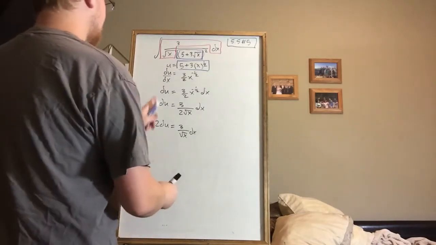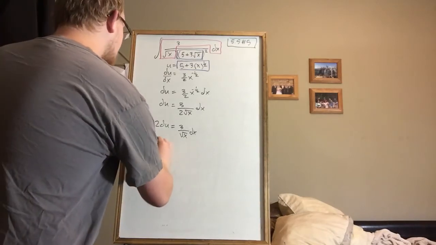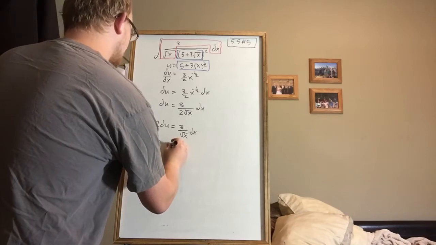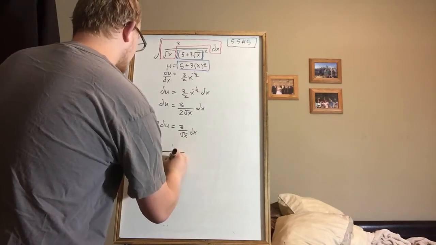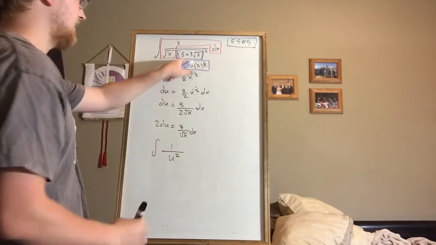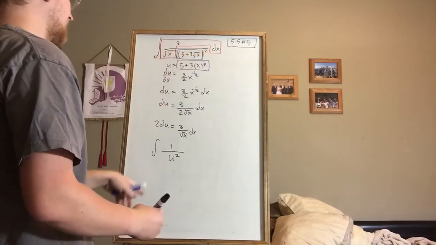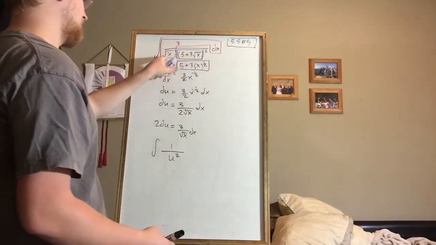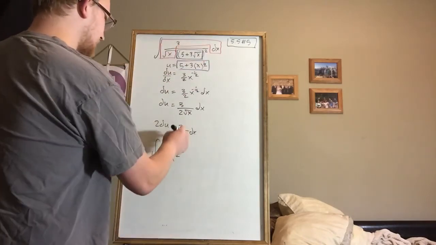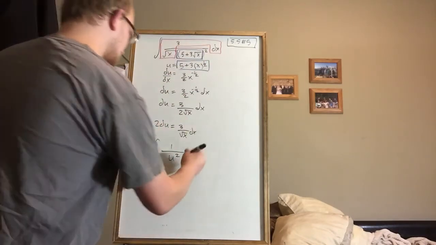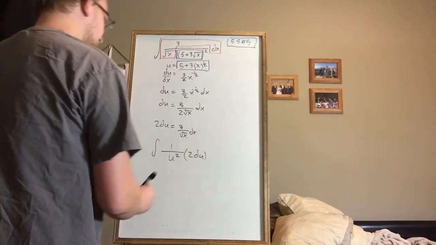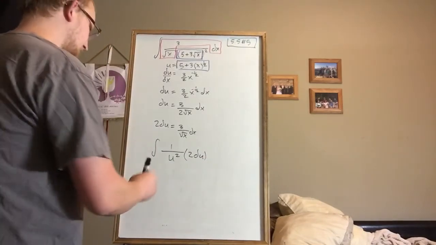So we can rewrite this as the square root of 1 over u squared, right, because u is squared. And then what is 3 over root x dx? Well, 3 over root x dx is 2 du. So I need to multiply that by 2 du. And then I can simplify.